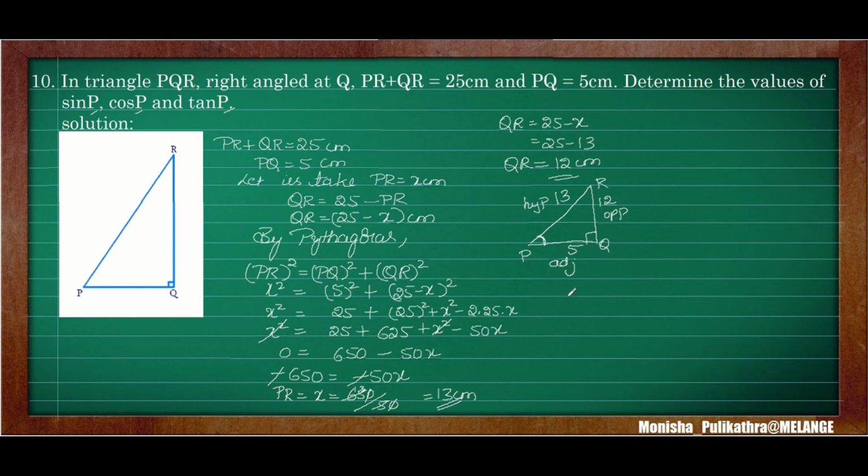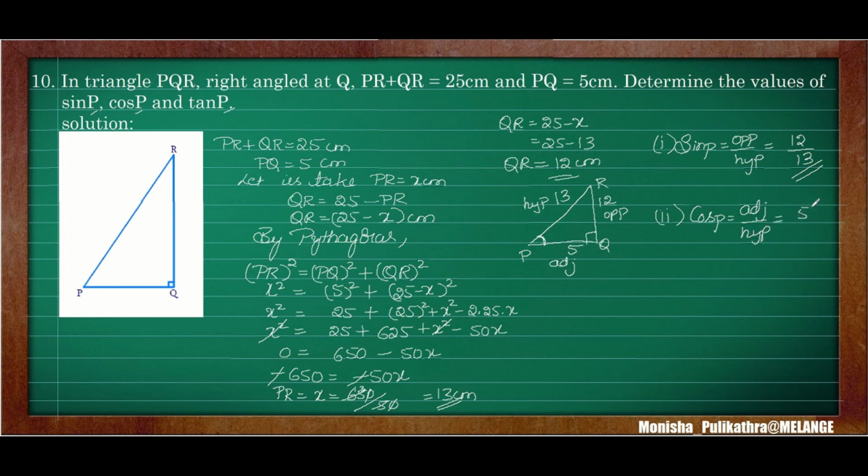Okay. The first thing we need to find out is sin P. Sin P is equal to opposite by hypotenuse. So here the opposite side is 12 and the hypotenuse is 13. Next, the second one is cos P, which is adjacent by hypotenuse.